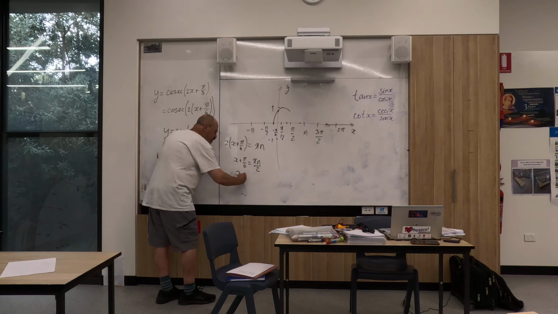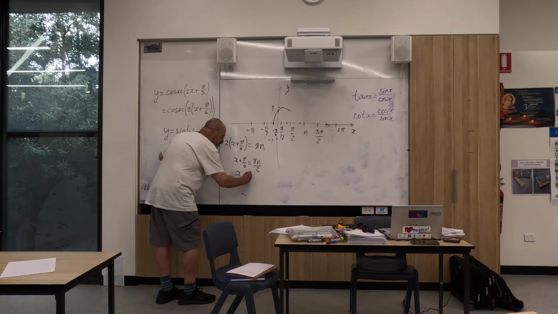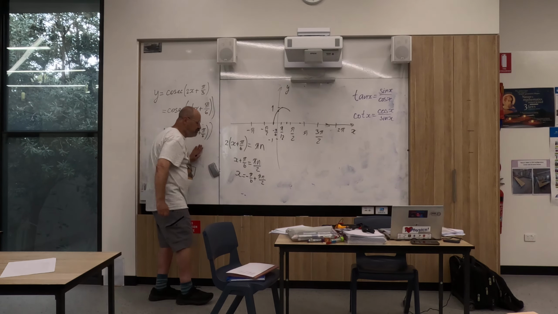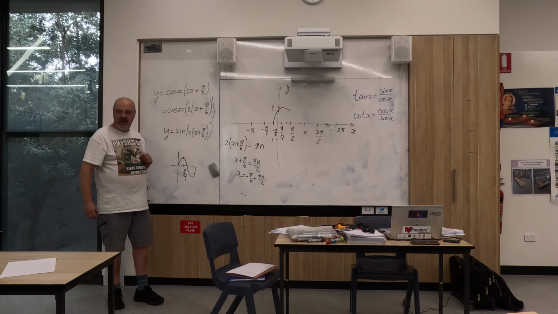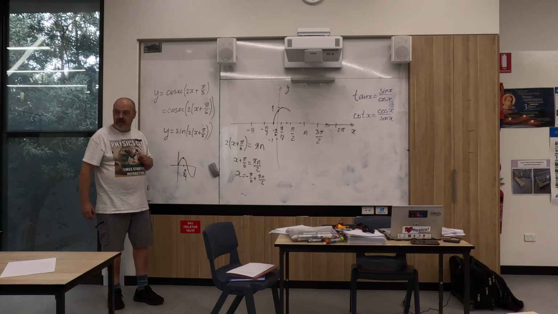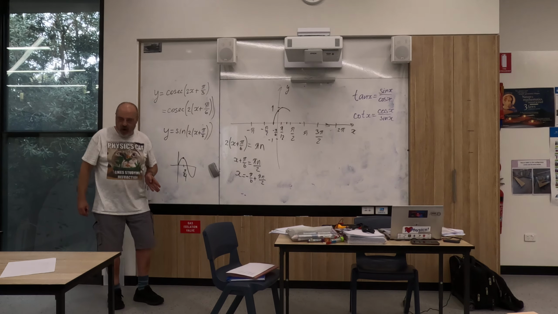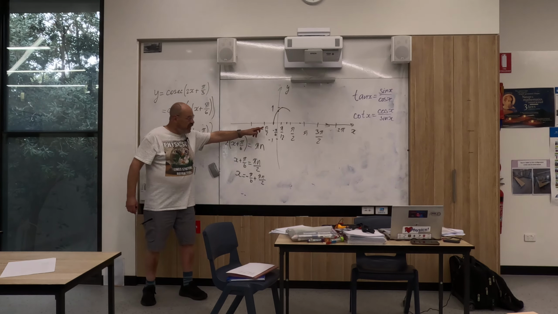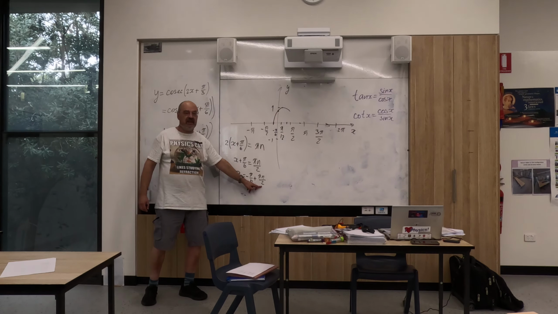So x equals negative pi on 6 plus pi n on 2. It gave us an interval negative pi to pi. When we get to pi, we will stop. So we have one at negative pi on 6. Where will be the next x-intercept?